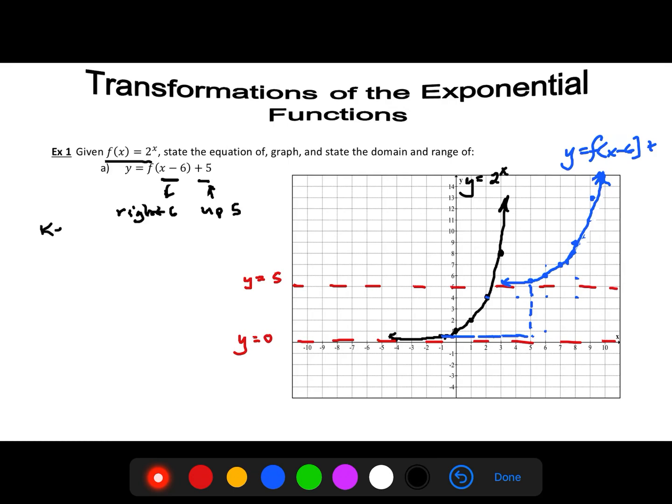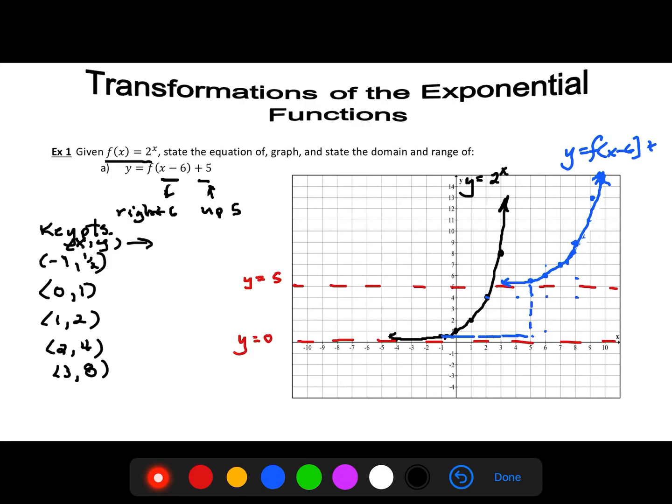The other thing we can do is think about moving our key points. The points that we plotted were (-1, 1/2), (0, 1), (1, 2), (2, 4), and (3, 8).